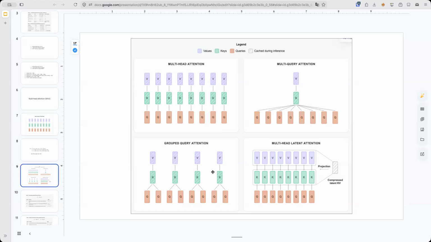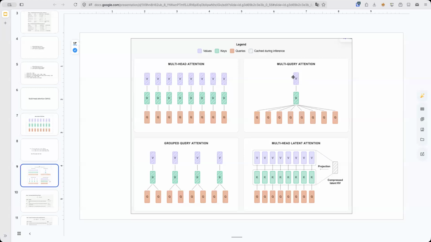And at last, we'll talk about multi-head latent attention, which is not covered in depth in this book, and I took the liberty of going a bit beyond the book to figure out what that is. The idea is that it's kind of multi-query attention in a sense, where we have the same learned KV matrix.